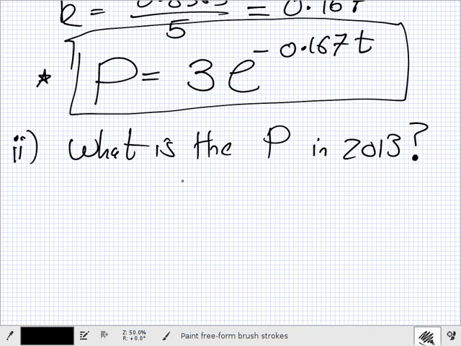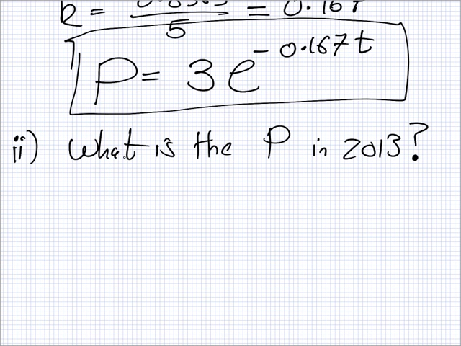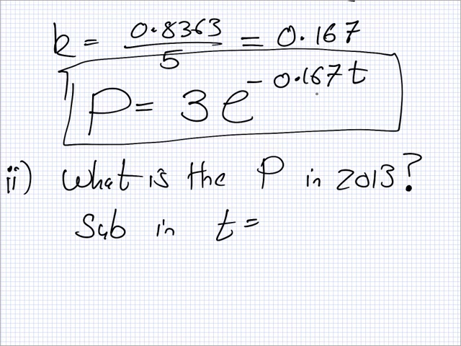We substitute that value for A. It's a substitution, yeah. Now, what are we substituting? It's not A because we don't have A anymore. We figured it out. It's 3. T, yeah. So we sub in T equals what? 8. Yes. And the negative 0.167, that's the K, which we already subbed in.